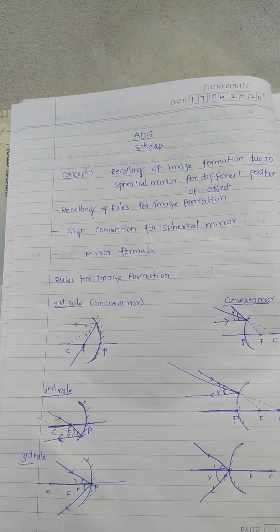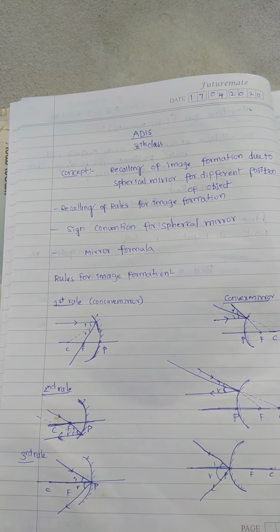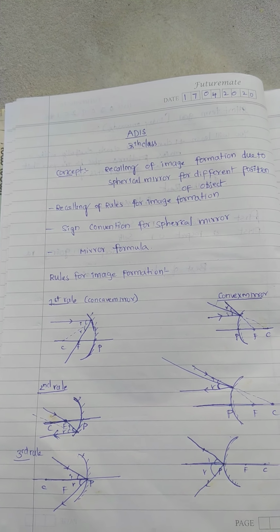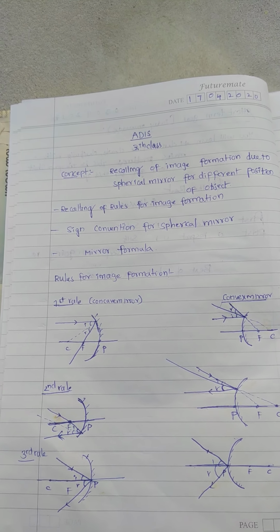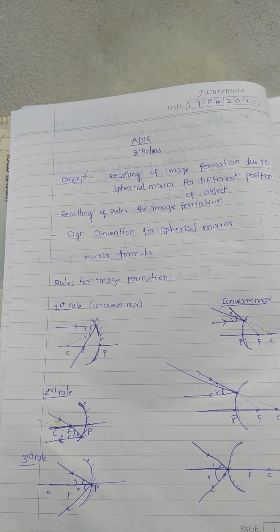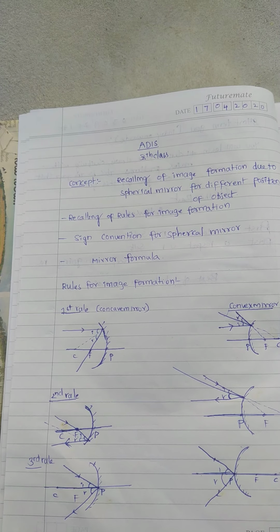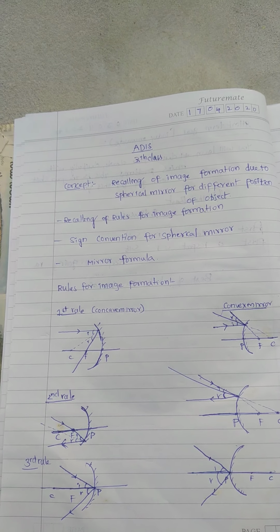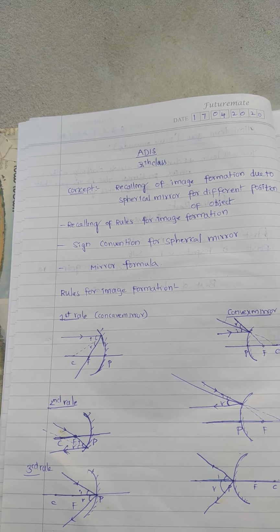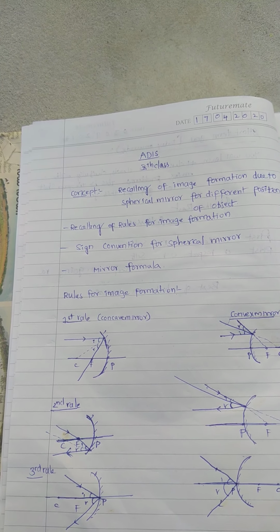I gave notes, and I discussed a basic introduction about light. After that I discussed plane mirror and image formation due to plane mirror, and then different types of images. We know very well images are classified into two types: one is real image and one is virtual image.